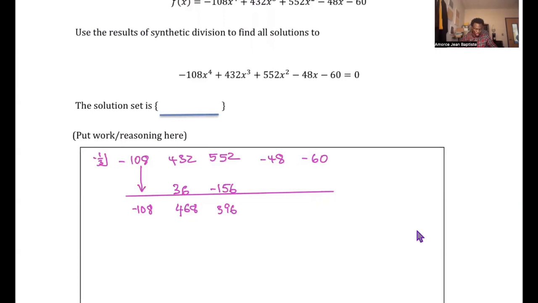So negative 156 plus 552 is 396. We're going to multiply 396 by negative 1/3, which means dividing by negative 3. 396 divided by negative 3 is negative 132.